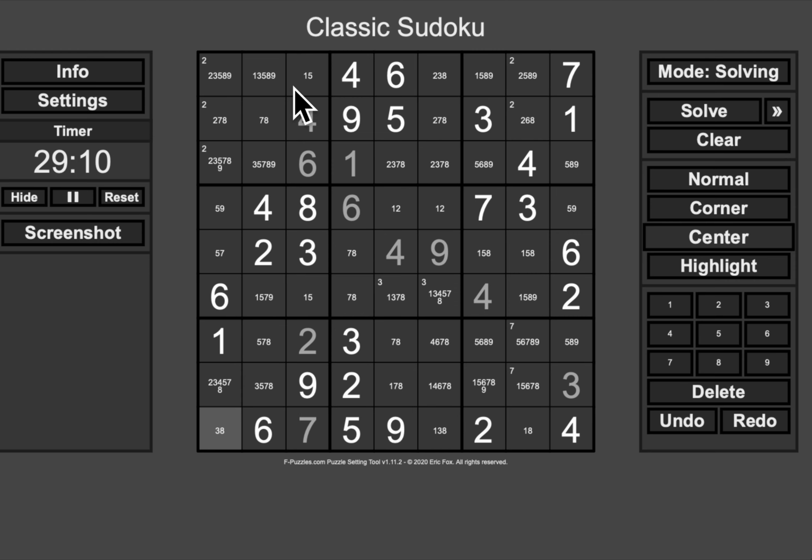Let's see. Column 3 is easy, and I've done all I can there. Column 2, 2, 4, 6. I need 1, 5, 7, 8, 9. Let's see, these aren't 7.